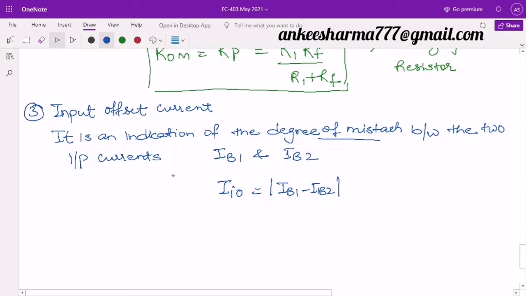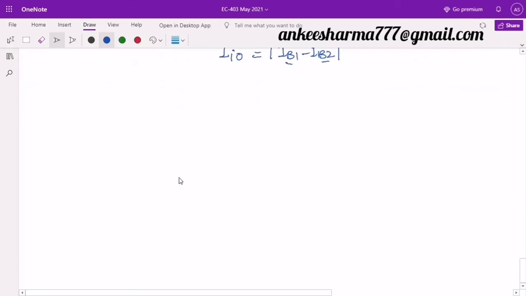So now we will try to find the values of output voltage due to this IB1 and IB2. So let me draw the diagram, or simply the compensating diagram, because again over here we are going to assume that there is no effect of VIO.